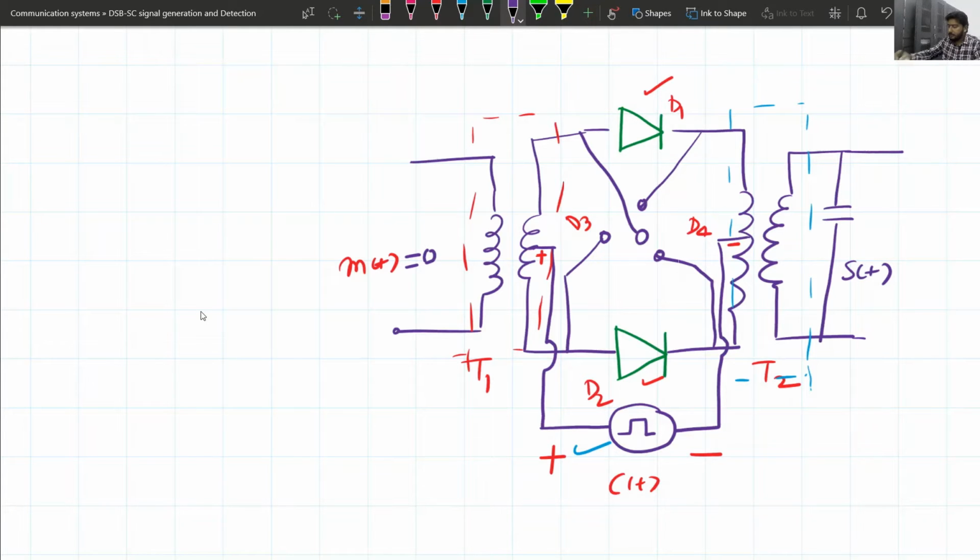Let's say current I flows into this circuit, then by virtue of symmetry, the current that will flow here is, let's call it I plus, because we are considering the case when D1, D2 are in forward bias.